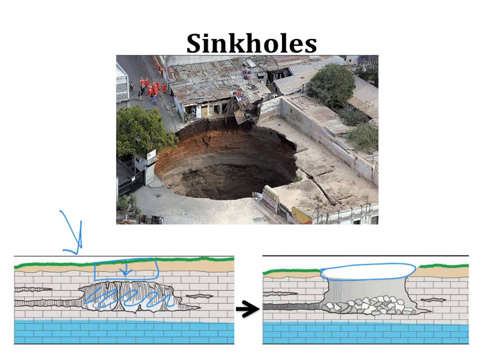So we can dissolve calcite in limestone, and we can dissolve dolomite in dolostone, and we can dissolve halite in rock salt. But if you have granite as your bedrock, that's not going to dissolve, so you don't develop sinkholes where you have a lot of granite. Where we live, we have a lot of limestone and dolostone, and we do have small sinkholes around here.